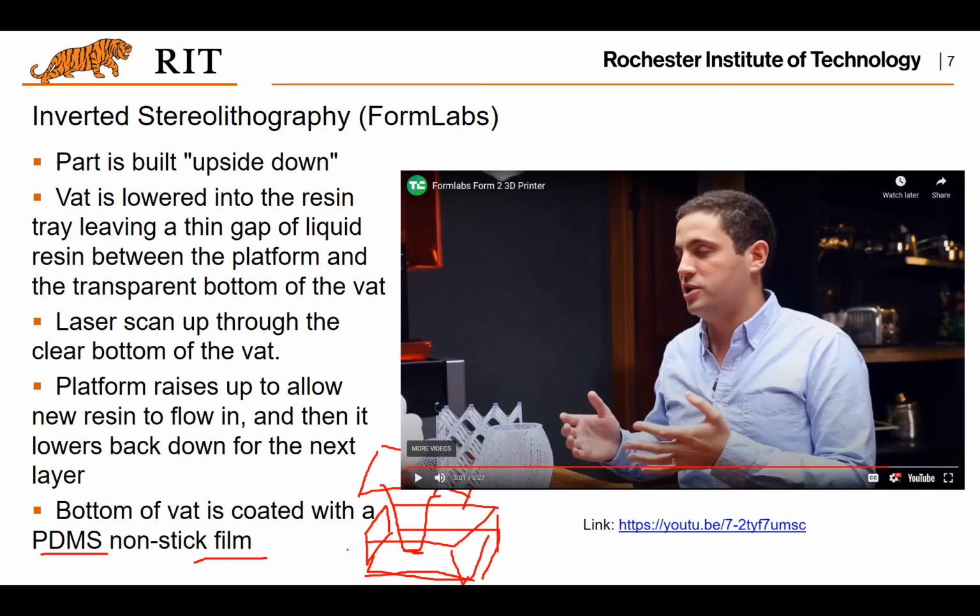So you want to separate them, and then spread material, and then continue the curing again. That's how this kind of inverted stereolithography works. Any question for this?